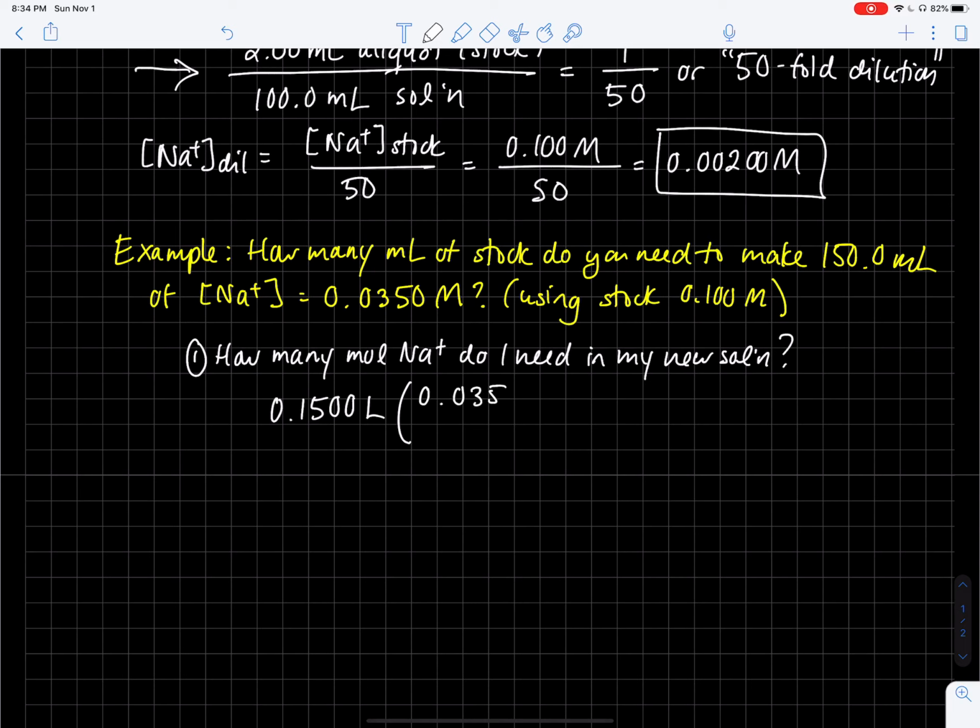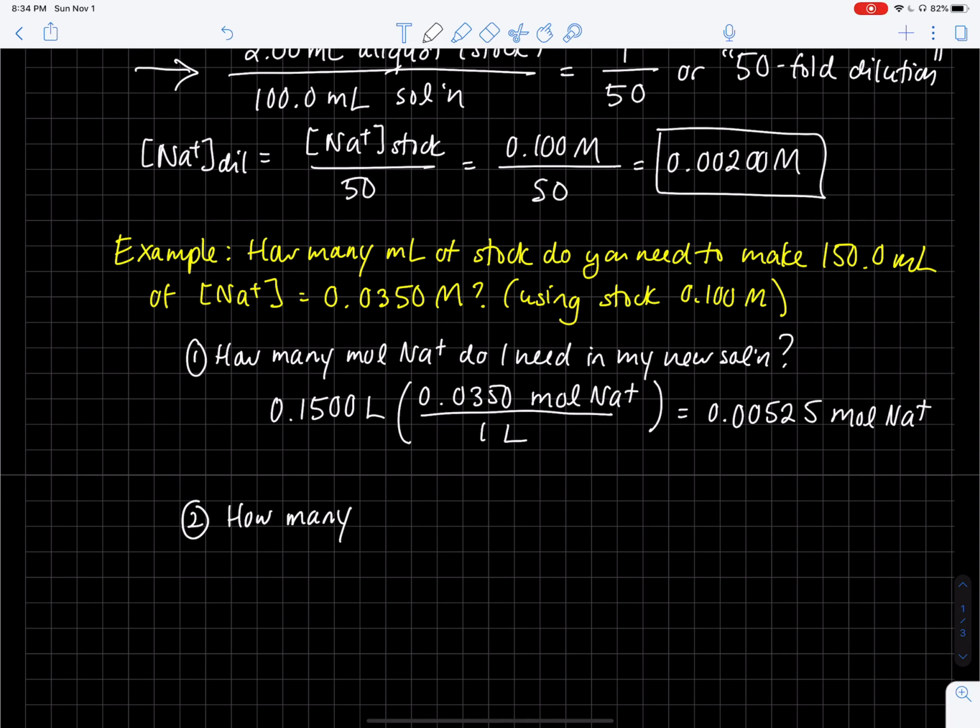My new solution is going to be 150 milliliters, or 0.150 liters, and I want it to have 0.0350 mole sodium per liter. So to do that, I need 0.00525 mole sodium. This should look just like some calculations from the last video. So that's how many moles I need.